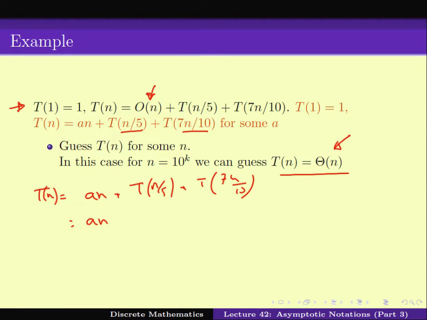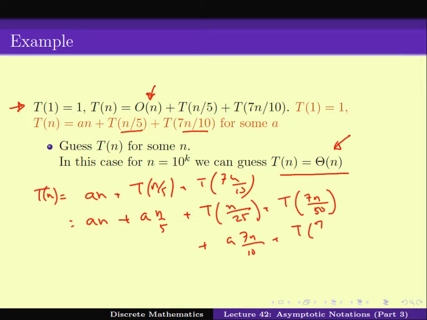which, if I now expand Tn, is a times n over 5 plus T n by 25 plus T 7n by 50, plus a 7n by 10 plus T 7n by 50 plus T 7n by 100.